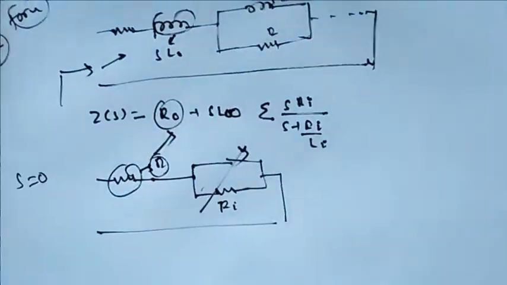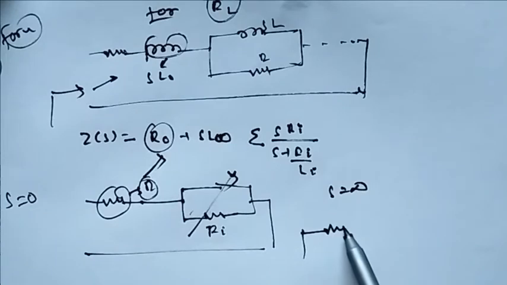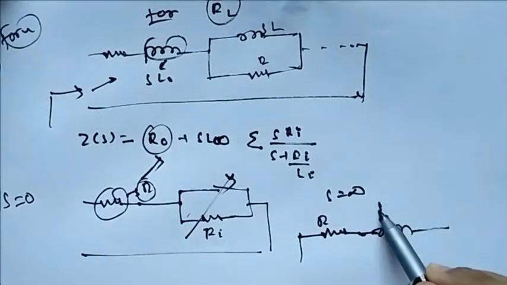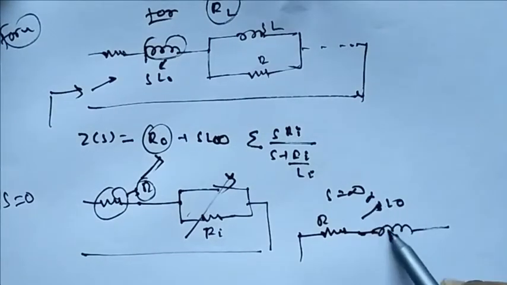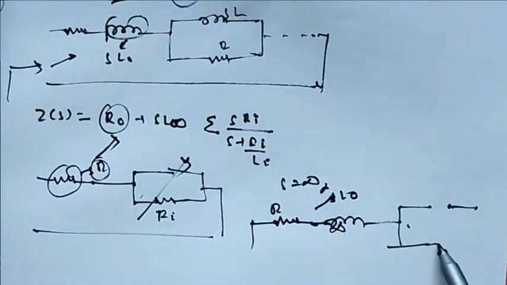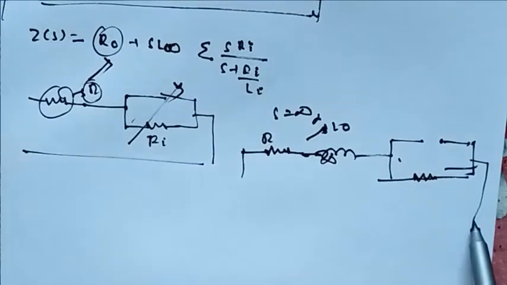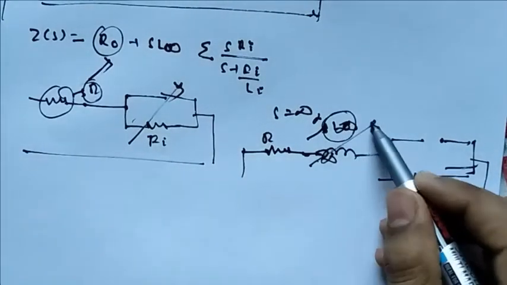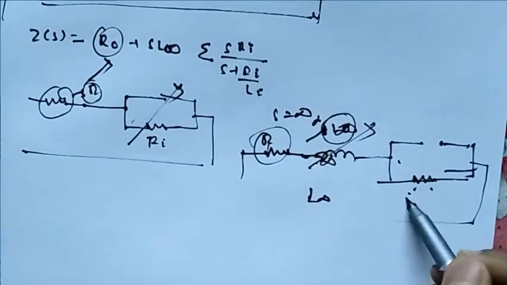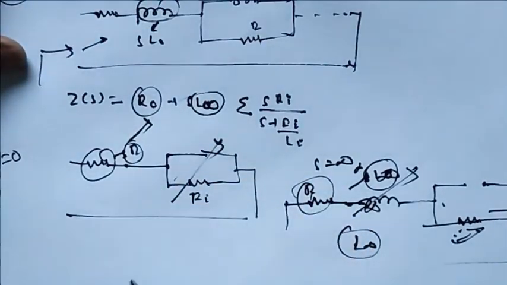Now if you see, this is being shorted, so we are left with this R, which is termed as R naught. Similarly, if you put S equal to infinity, we have R and SL. The magnitude of SL, as S is infinity, will be infinity, and every inductor will be in parallel. It will be like an open circuit in parallel to the resistance. So this L infinity is larger than all the elements, because this is open, so we take that element as L infinity.